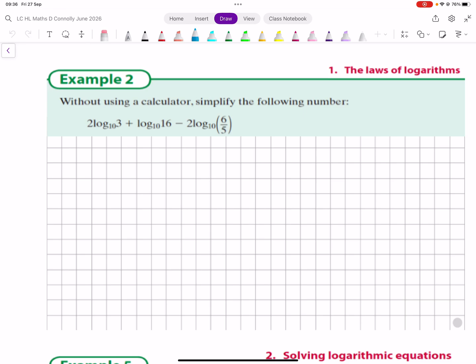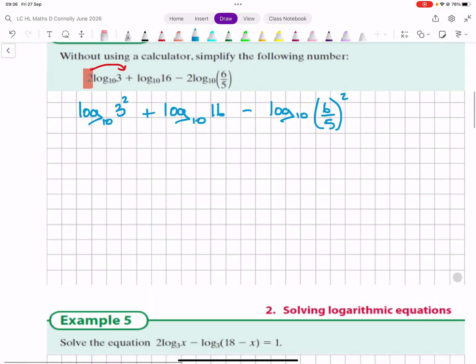Okay, so this one, I think if we bring the 2 to the end as a power, we get log to the base 10 of 3 squared plus log to the base 10 of 16. And then if we do the same thing here, so bring the 2 to the end, we get 6 over 5 squared.